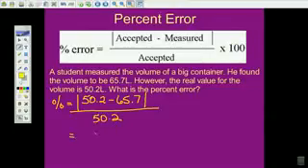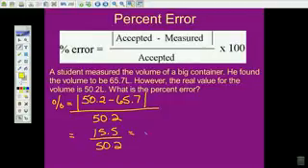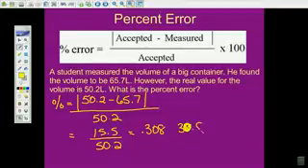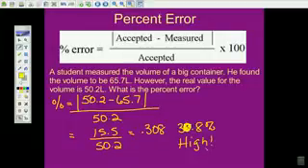So we get 15.5 over 50.2, which gives us 0.308, which is 30.8%. That is really high. We do not want a 30% error in the lab.